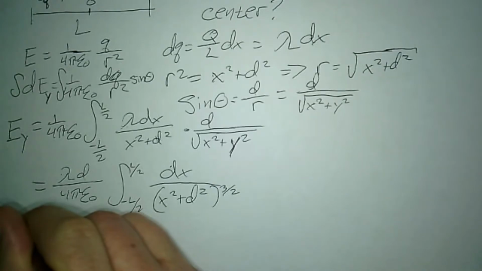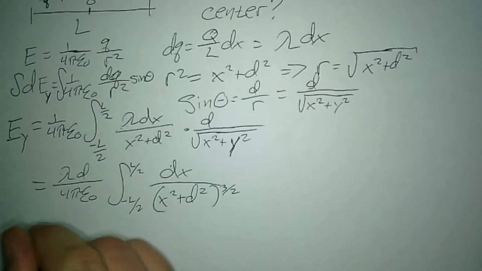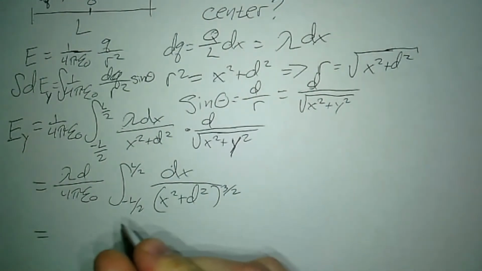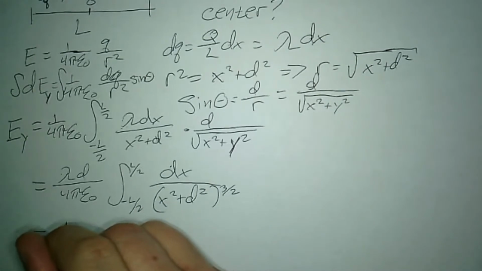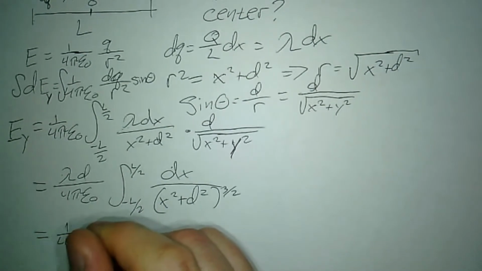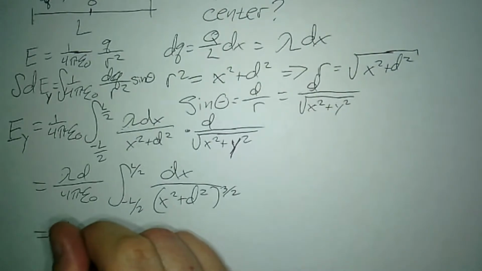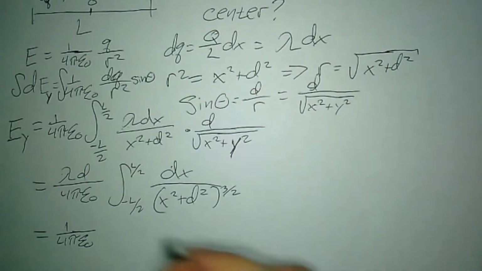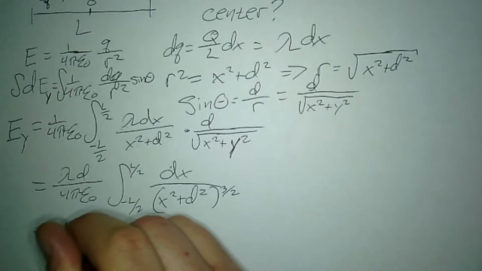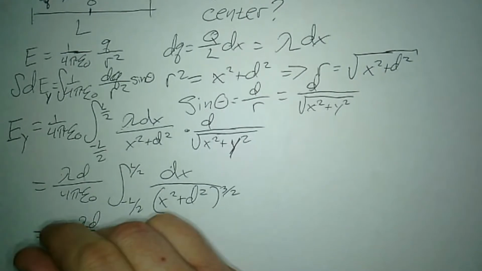So we get that the answer here is going to be 1 over 4 pi epsilon naught, well, it's times lambda d. Let's just lambda d, forget the 1.